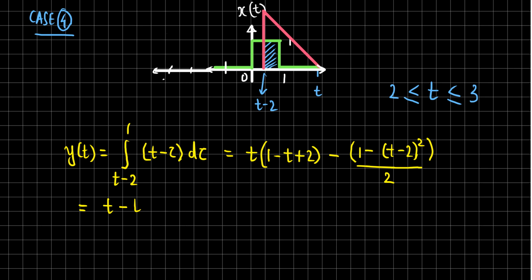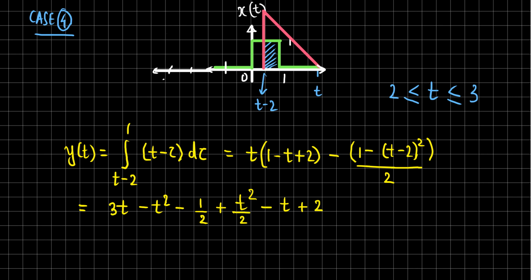So it is going to be equals to 2 plus 1, that is 3t, minus t square minus half, plus t square by 2 minus 2t by 2, that is t, plus 4 by 2, that is 2.